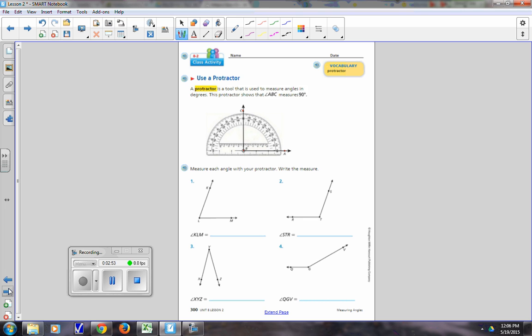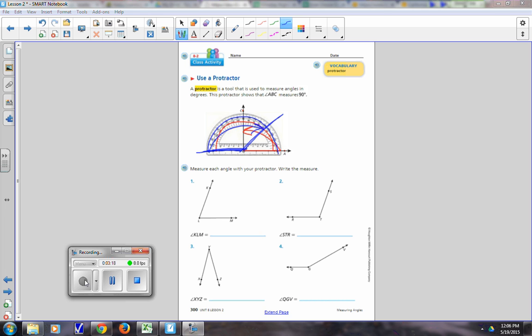Because if the angle is opening from right to left, you use the inner numbers to measure it. And if your angle opens from left to right, you use the outer circle.